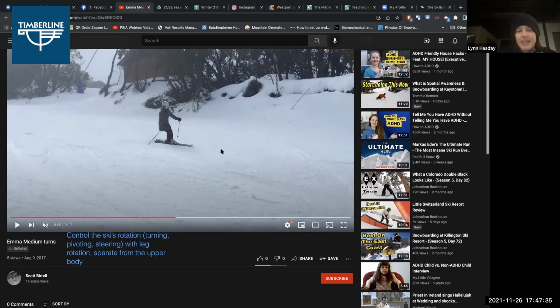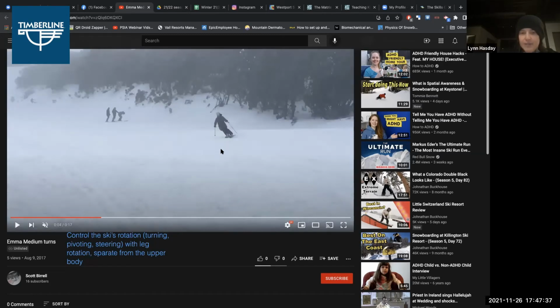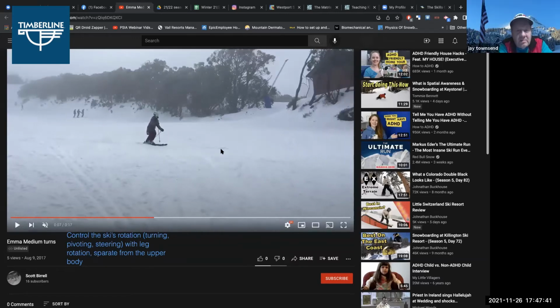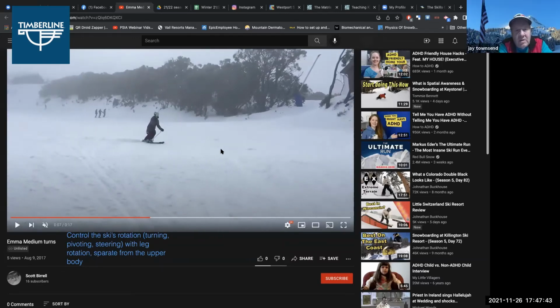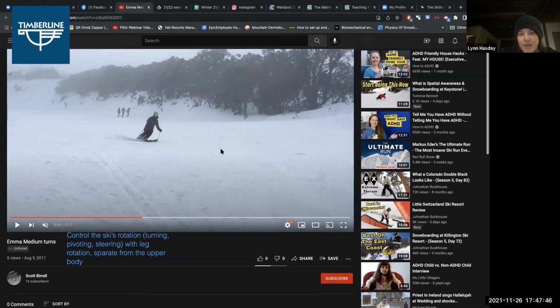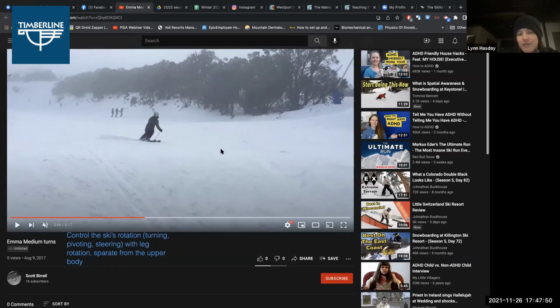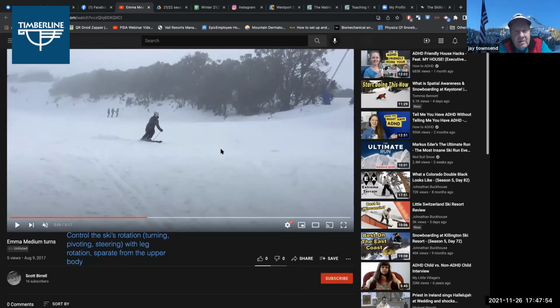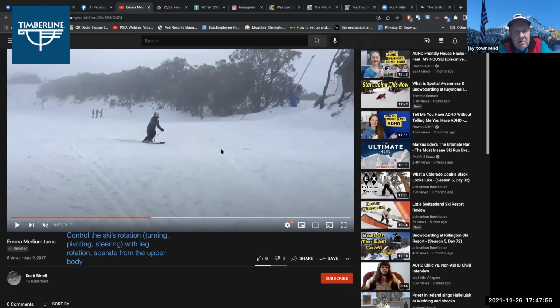So let's take a look at that inside leg or the downhill leg, okay? All right. So if you look at the skier, they are initiating their turn. What do you say, right about there-ish? Yeah. Okay.